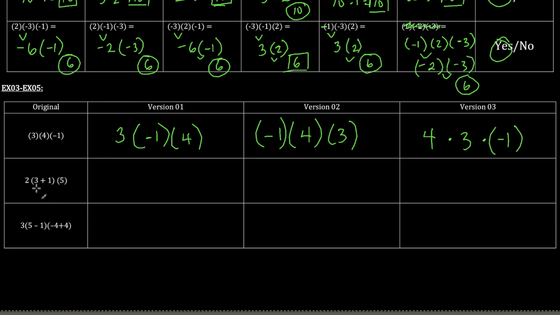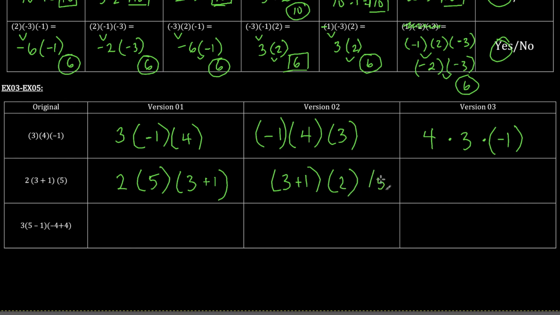Even if you end up with something more complicated like this, like 2 times 3 plus 1 times 5, you can write it as 2 times 5 times 3 plus 1. Or you could write it as 3 plus 1 times 2 times 5.